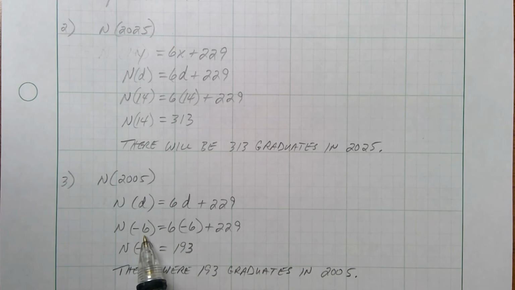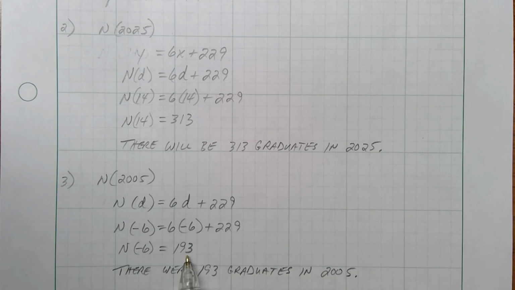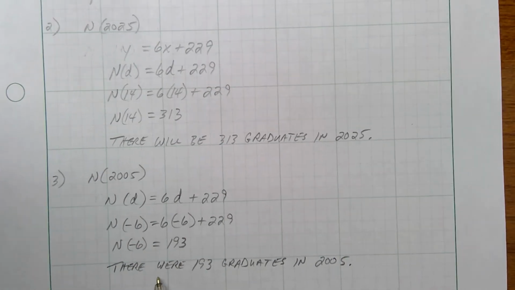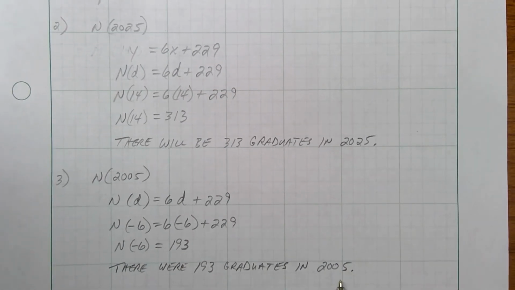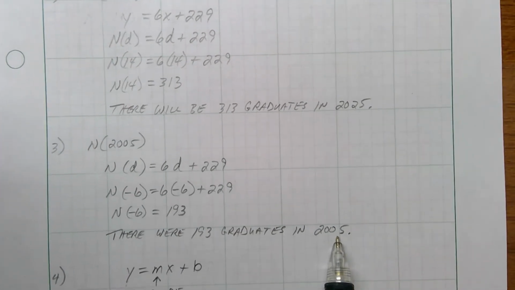So replace D with -6. Do the math, and the number of graduates we had 6 years before the first value in the table is 193 graduates. Again, if you're on your calculator, you can look up -6 in your table for X and see what its partner Y is. So there were 193 graduates back in 2005.